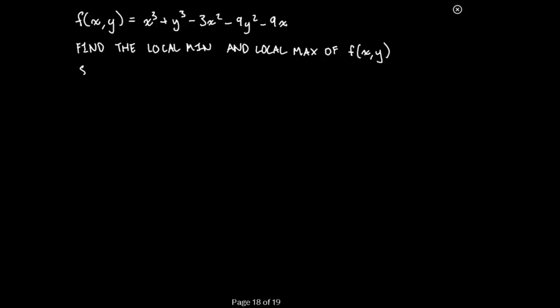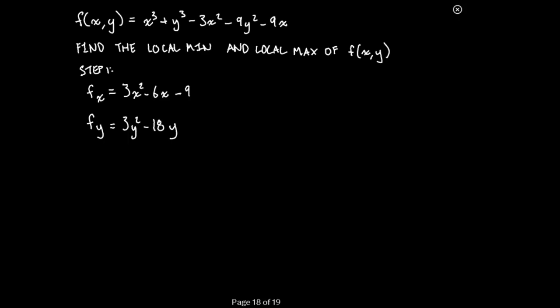So let's do that. Step 1. Okay. Partial derivative with respect to x would be, let's see, 3x minus 6x, or 3x squared, my bad, minus 6x minus 9. Partial derivative with respect to y would be 3y squared minus 18y.